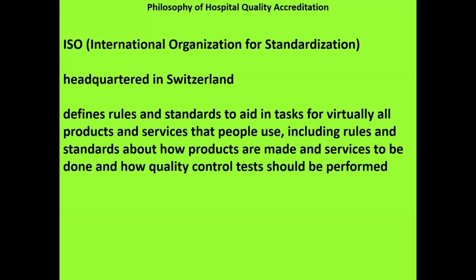It is the most popular and respected worldwide organization that works on standardization of things, practically everything. It defines rules and standards for virtually all products and services that people use, including rules and standards about how products and services are made and to be done, and how quality control tests should be performed.